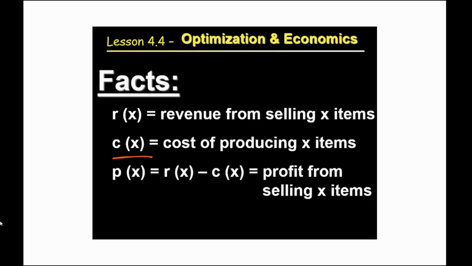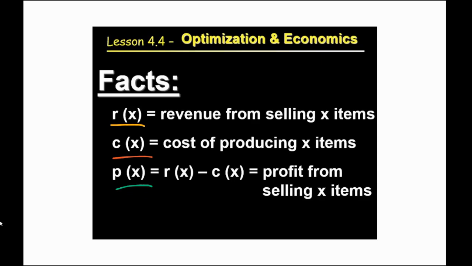And then the profit, that's actually different from your revenue because for the profit, you have to subtract out your cost. And so that's actually, in the end, what you end up making, sort of in the green, so to speak. So we have R of X, C of X, and P of X, basic economic symbols.